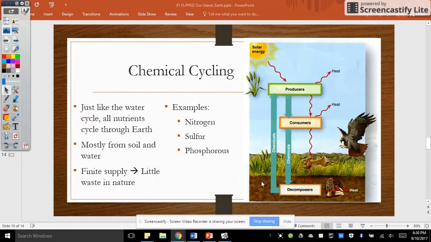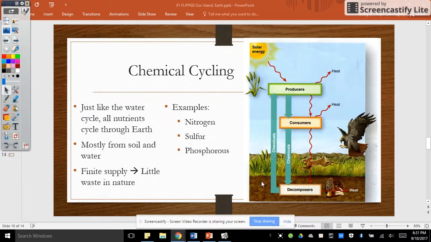They are non-renewable. So if you think about what a non-renewable resource is, a nutrient or chemical is considered a non-renewable resource. There is a finite supply on Earth, which means that there's going to be little waste in nature, and everything has learned how to cycle these throughout nature in order to survive.